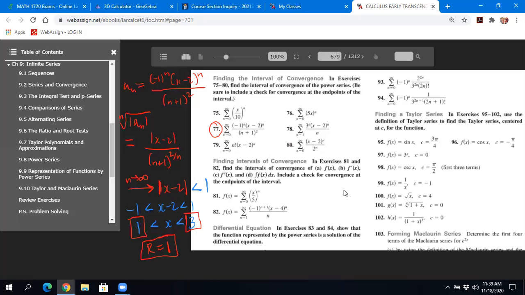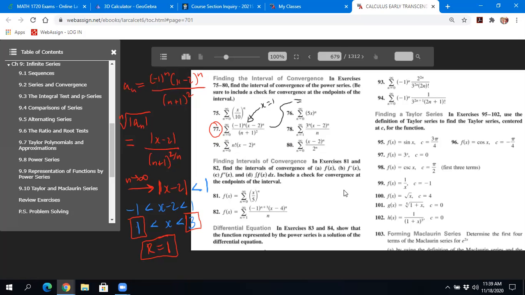So what is happening at those endpoints? Okay, so let's see here. What happens if I plug in 1? Let's take a step back and check. How did we go from where we were to finding the radius in this instance?